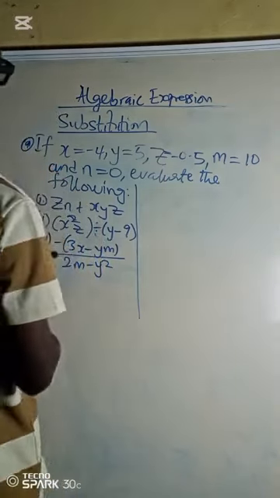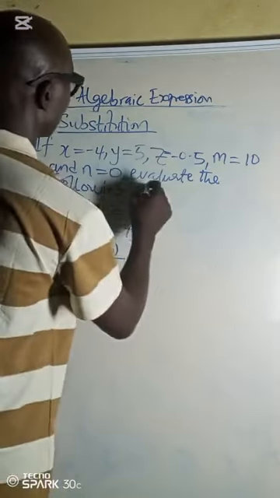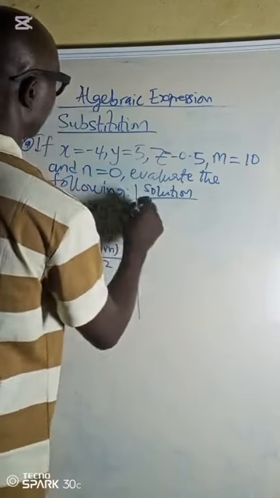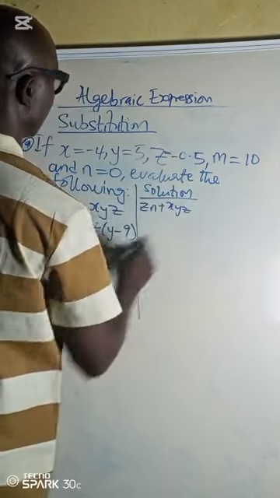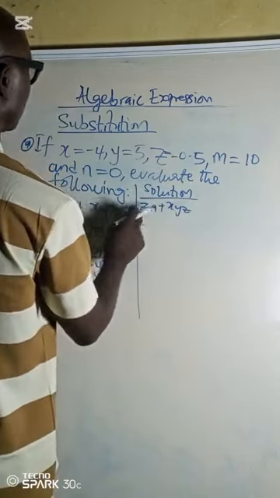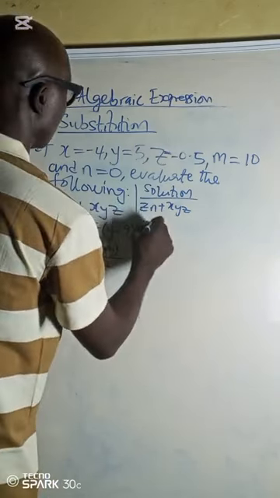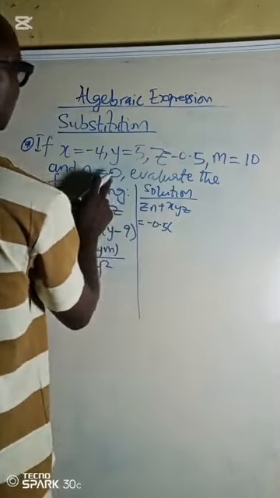n equal 10, and n equal to 0, evaluate the following. So solution to number Roman figure 1, we have zn plus xyz. So what is the value of z according to the question? Minus 0.5, open bracket, n. What is our n?